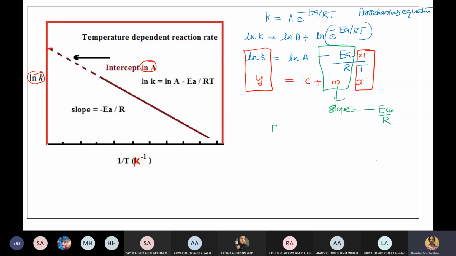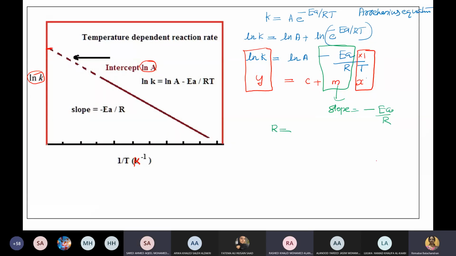Now, the value of R. What's the value of R? EA, what is EA? Energy. What's the unit of energy? Joule. So what is the unit of R? Also joule.